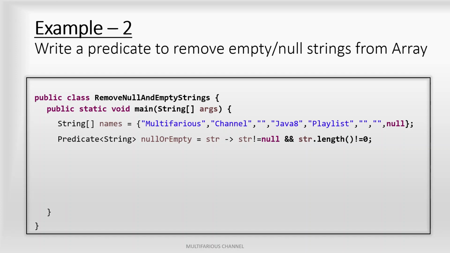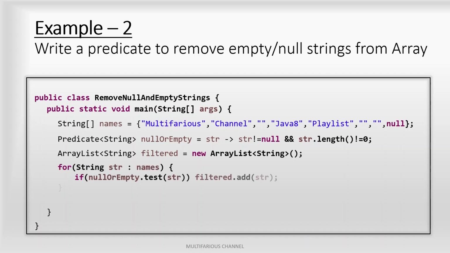What I'll do is I'll maintain another list which is called the filtered list. So I have an ArrayList filteredList to add the strings that are not null. Now I will iterate over the original array of names, and for each name I will test whether the name is empty or not, and if the name is not empty and not null, then only I'll add it to the filtered list.